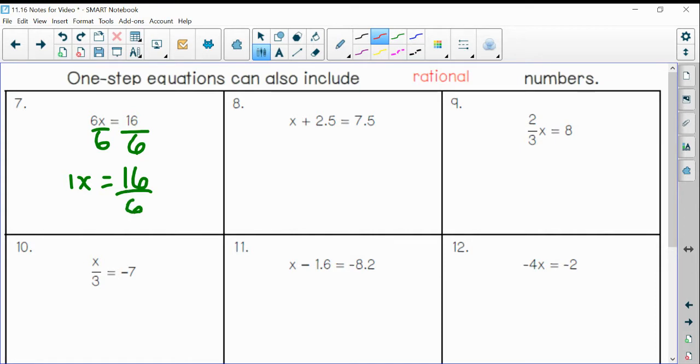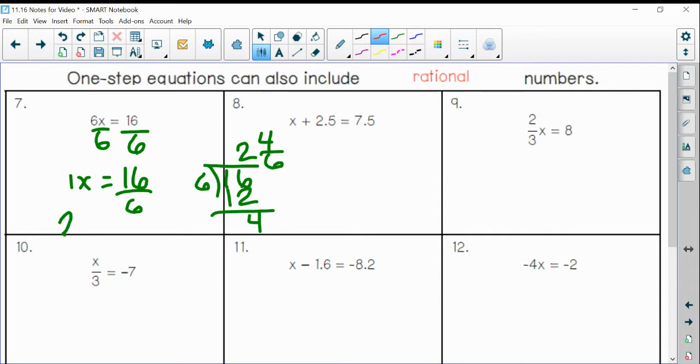So I have 1x is equal to 16 divided by 6. We can either turn this into a fraction or a decimal. I'm going to make it a mixed number. If I divide 16 by 6, 16 is on the top, so it goes in the house. 6 goes into 16 2 times, which is 12, with 4 left over. So we're going to say 2 with our 4 remainder over 6.